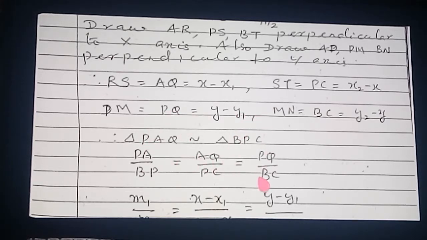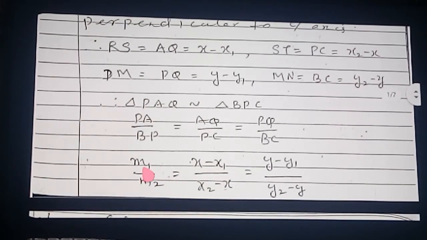Clear? So PA by PB, you already know the value, m1 by m2, and the value of AQ you know, and the value of PC you know, apply here, and the value of PQ you know, apply here, and the value of BC you know, apply here. Applied.